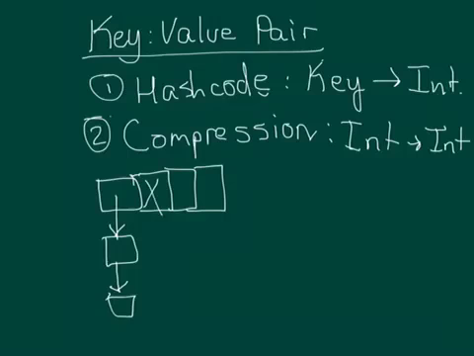Let's say there's nothing here, there's one thing here, and it basically ends up looking like this. So as you can see, this first bucket here, or bucket in index 0, stores two key value pairs because they both ended up having the same hash code, and the compression function also hashed those hash codes to the same bucket. As a result, you had collisions.